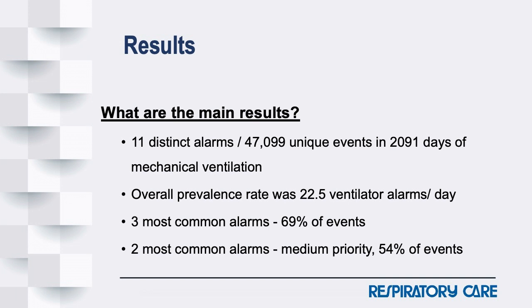So if it's deemed a medium priority, maybe it's not a life-shattering event that we need to alarm fatigue everyone with. Anyway, those couple things are interesting. It's only a few alarms that are common.